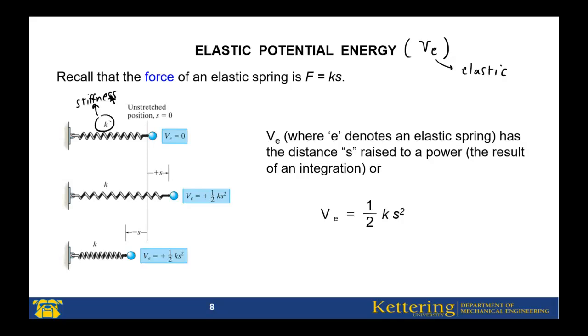Also, if I compress the spring, whether s is positive or negative, the potential energy will be 1 over 2 k s squared. Because this one is starting and measured from the unstretched position, this one is s.